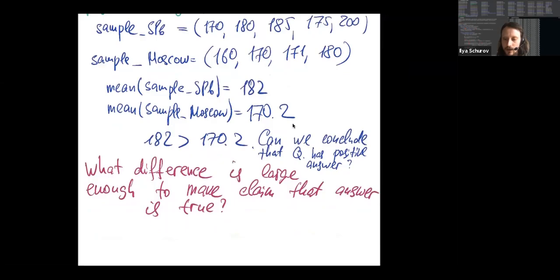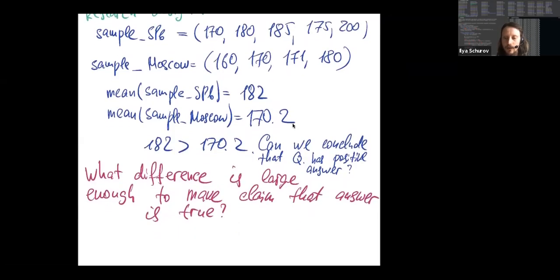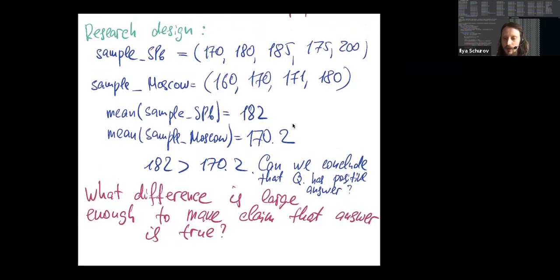And the procedure is actually very similar to the one that we discussed when we discussed one sample t-test. Let me recall that in one sample t-test, we don't have two samples. We have just one sample and some predefined numeric value.